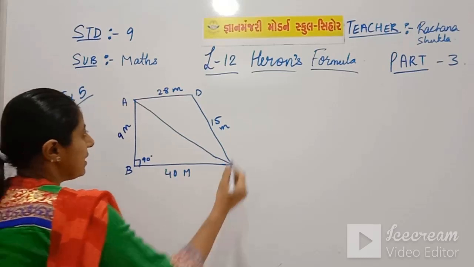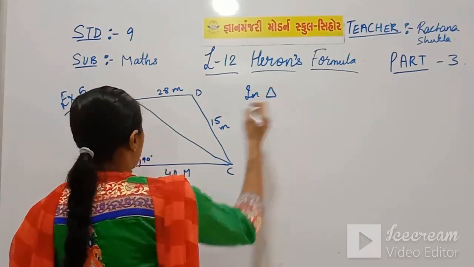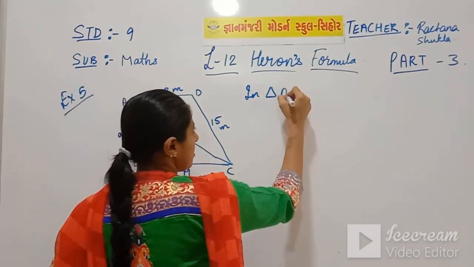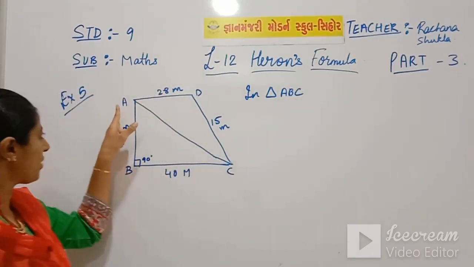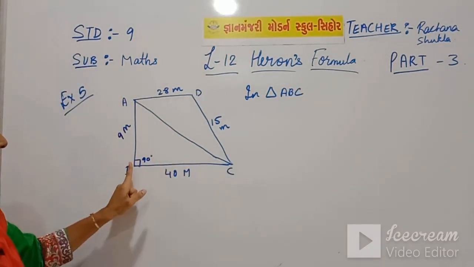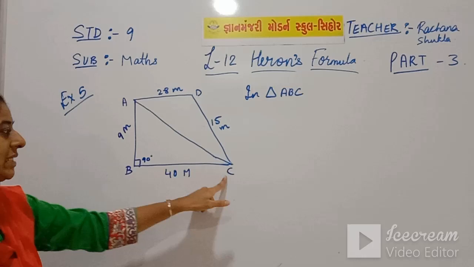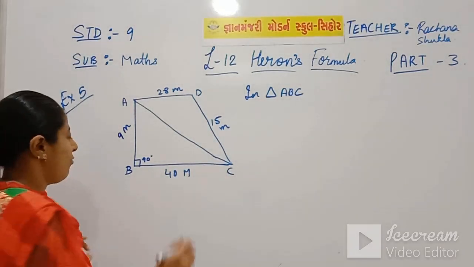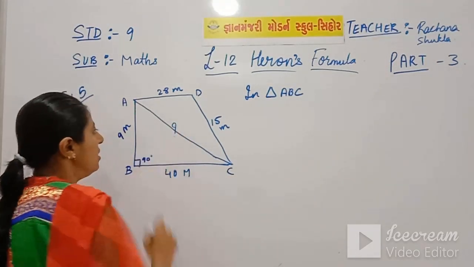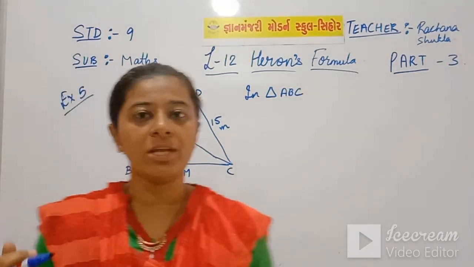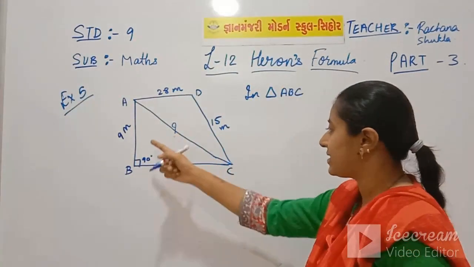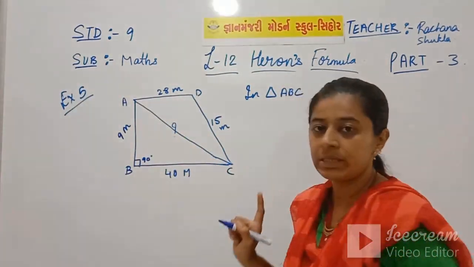First of all, in triangle ABC, angle B is 90 degrees, so AC is the hypotenuse. We have to find out AC. How to find out AC? We can find AC by Pythagoras theorem.